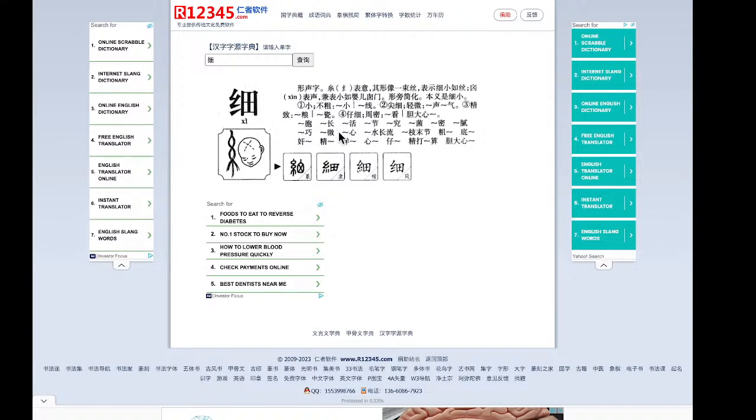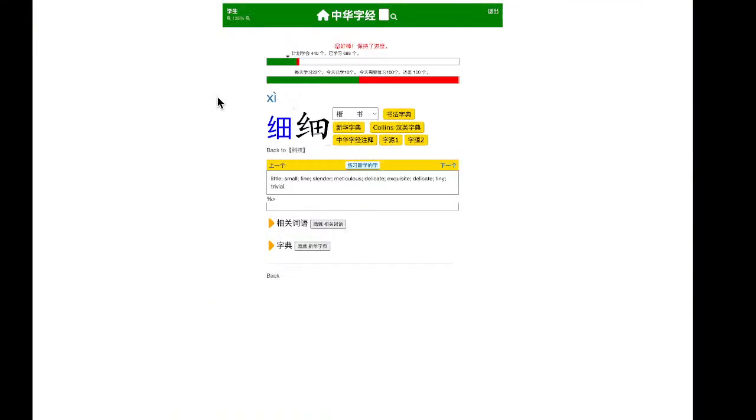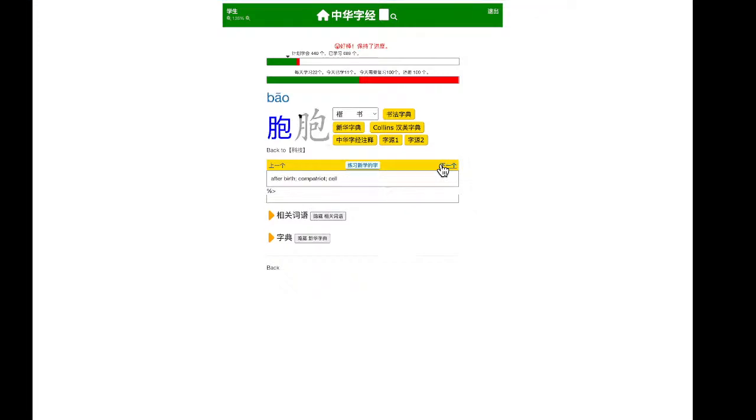So it uses that kind of picture to refer to something that is very small, fine, and delicate. 胞 is cell. Okay, 细胞 means cell.